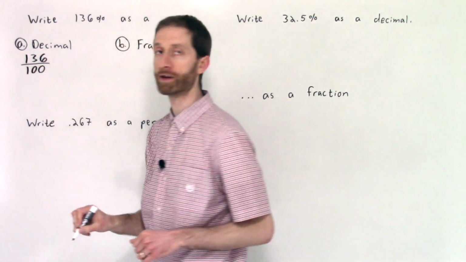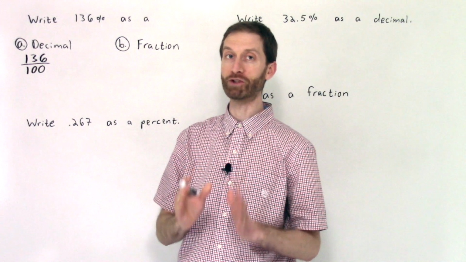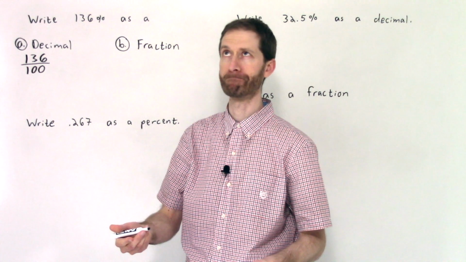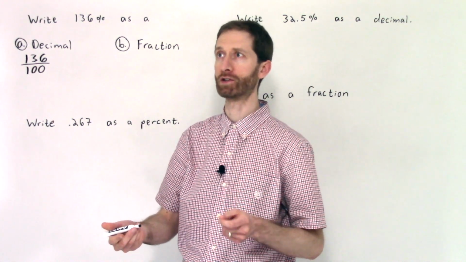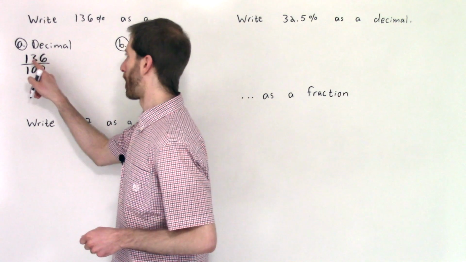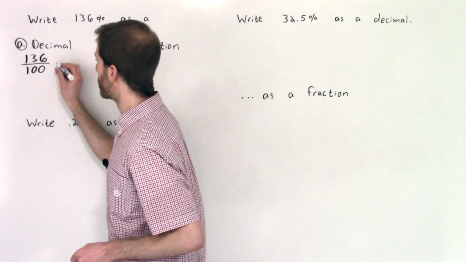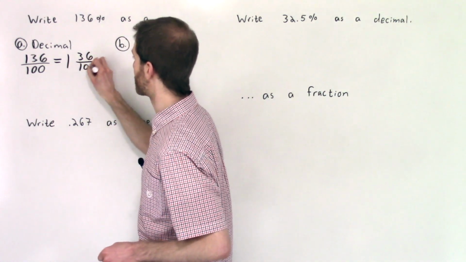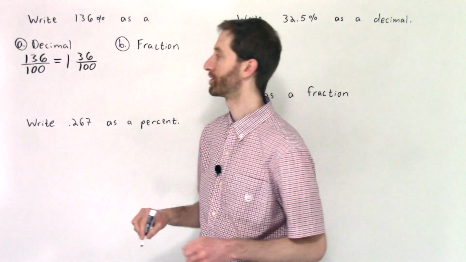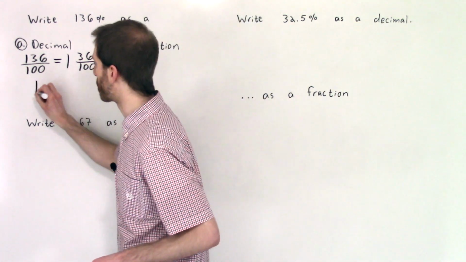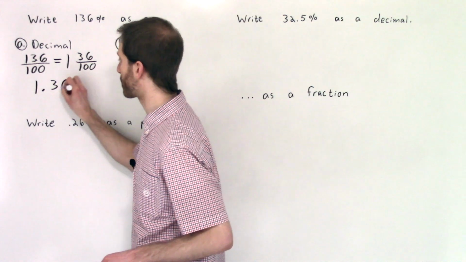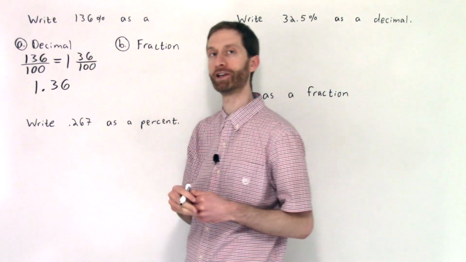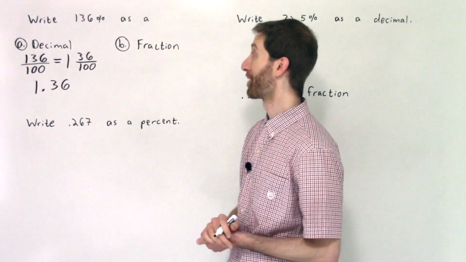Now, if we read this directly as a fraction, that's 136 hundredths, which would be 1 and 36 hundredths, or 1.36. So you're literally reading out what you have as a fraction and translating it into a decimal. It's a smooth way of rocking that problem.